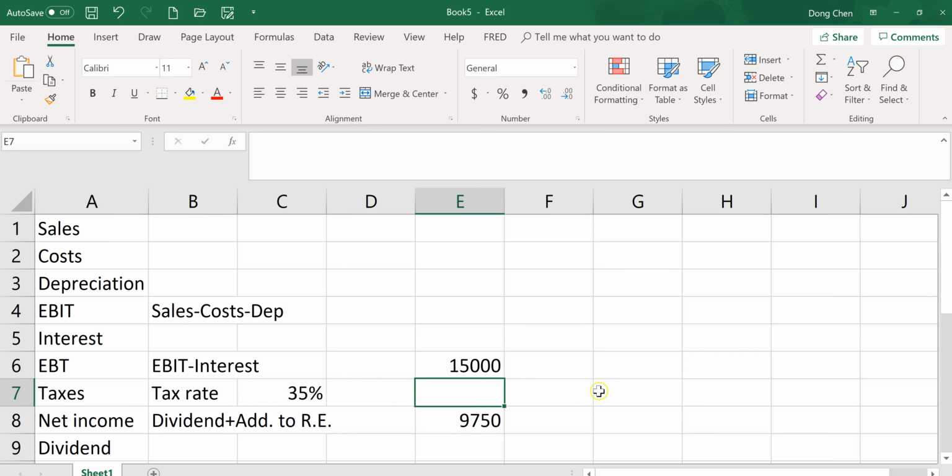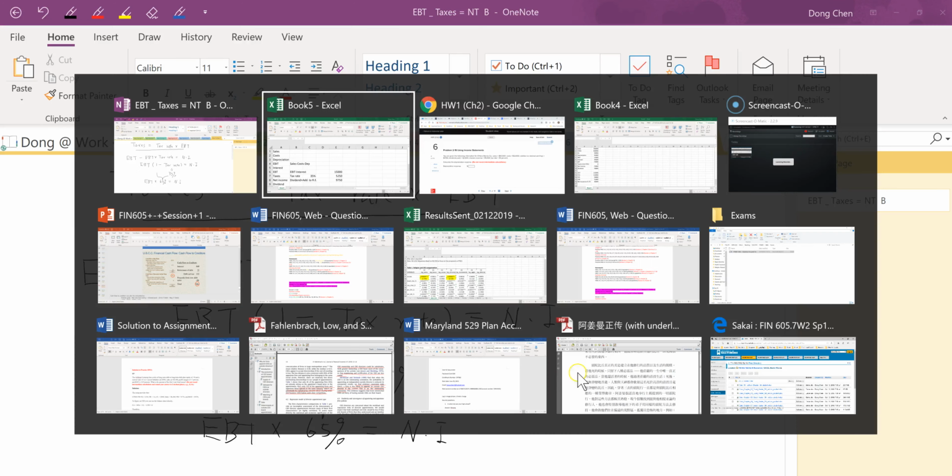And hence the taxes you can also figure out very easily, because EBT minus taxes is net income. Hence tax is simply EBT minus net income. So it's this one minus this. All right, that's the taxes. All right, so interest is given. So we back up.